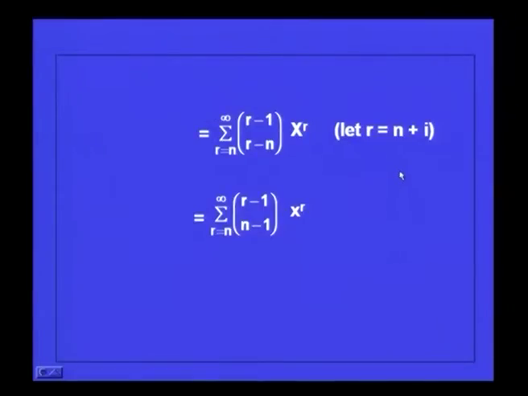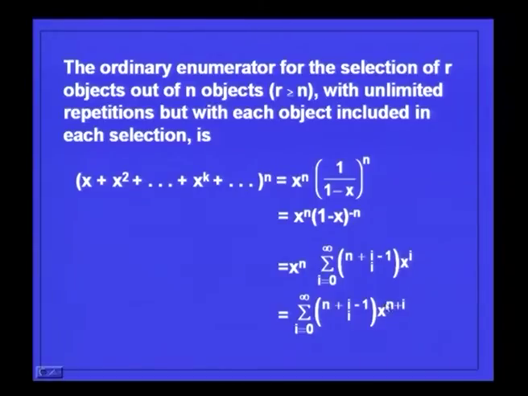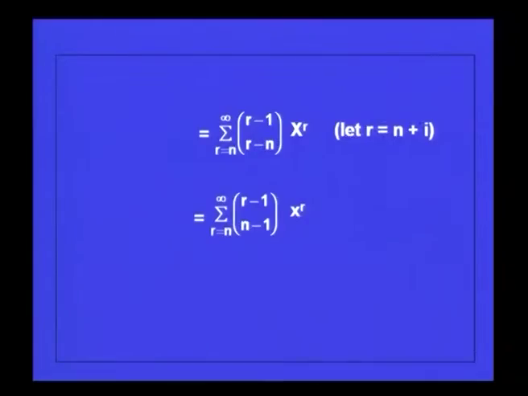Now, put n plus I equal to r, because we are selecting r objects out of n objects with unlimited repetition, where each object is selected at least once. So, if you put n plus I equal to r, instead of saying I is equal to 0 to infinity, you can say r is equal to n to infinity.